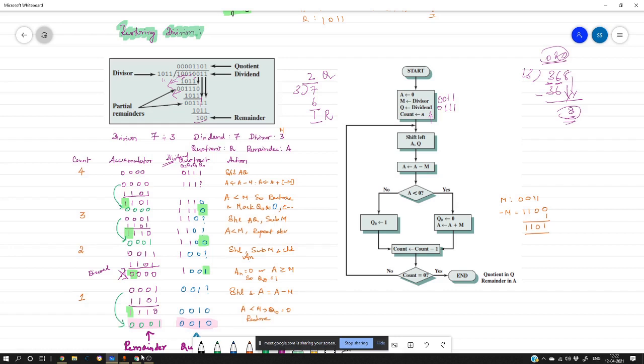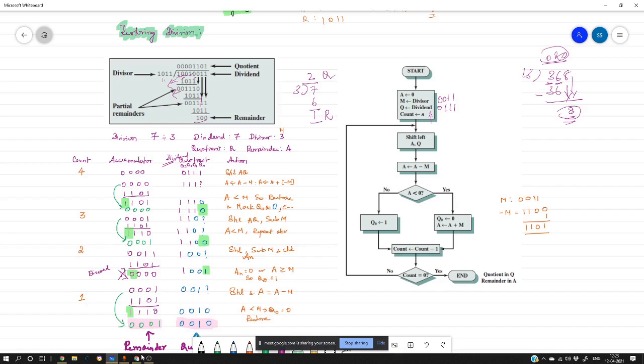Initially this Q naught will be empty. Normally when we do shifting, if it is a logical shift, we fill it with 0. If it is an arithmetic shift, we keep the value that was previously there. But in this case, it is simply left blank. We are going to fill it anyway, but as of now it is left blank.